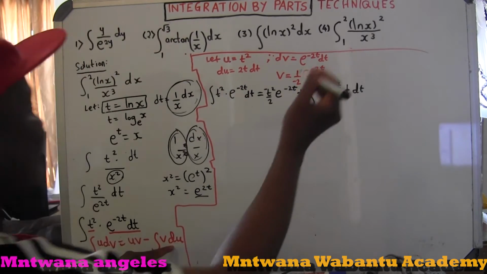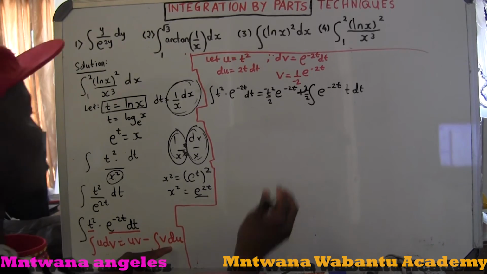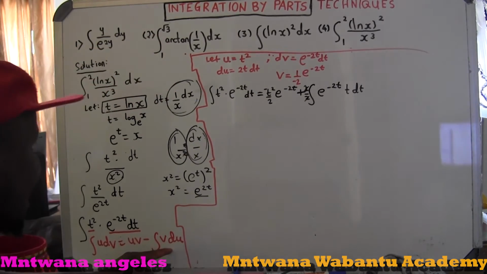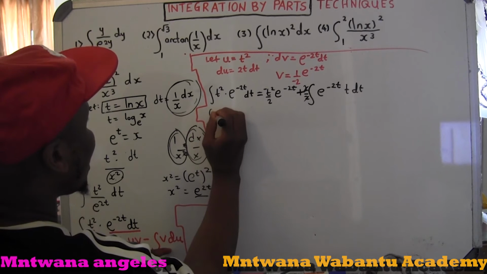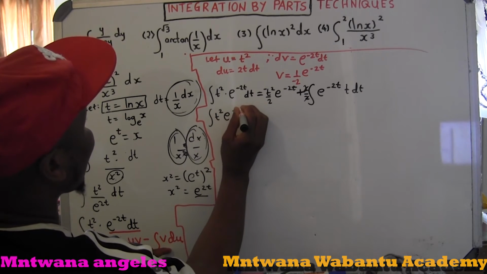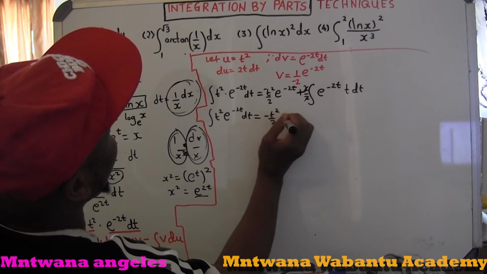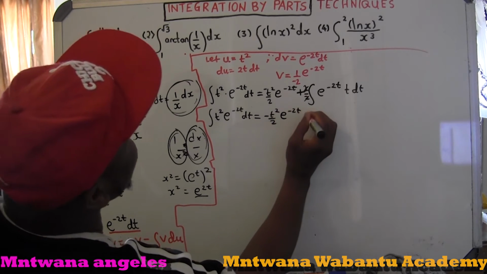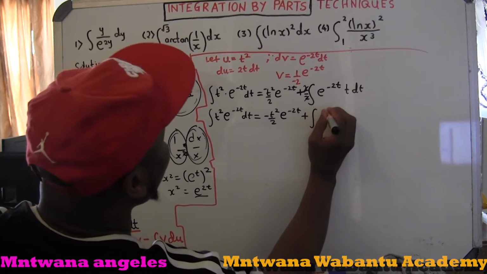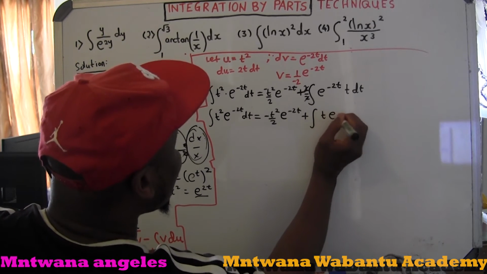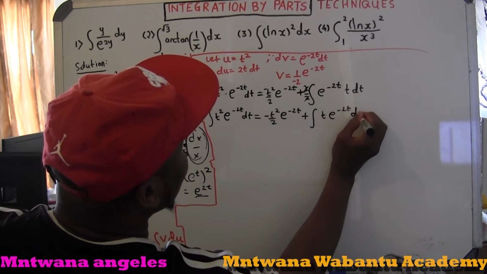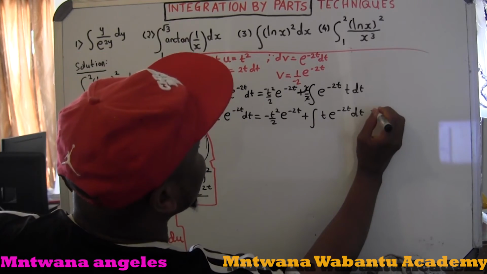I always like to take my constant before the integral. So 2 and 2 cancel. You're left with negative t squared over 2 e to the negative 2t, plus the integral of t e to the negative 2t dt. Let me call this the first equation.